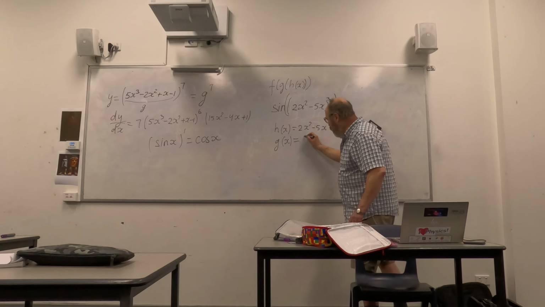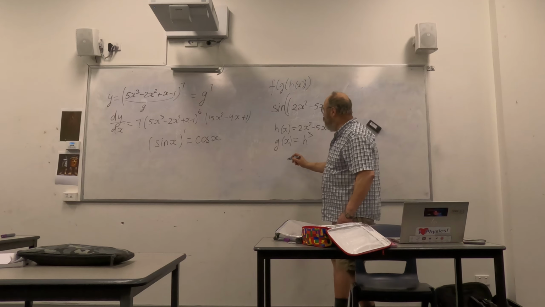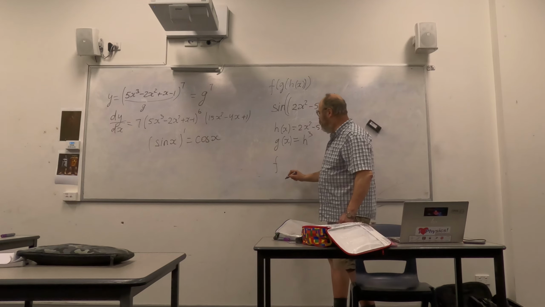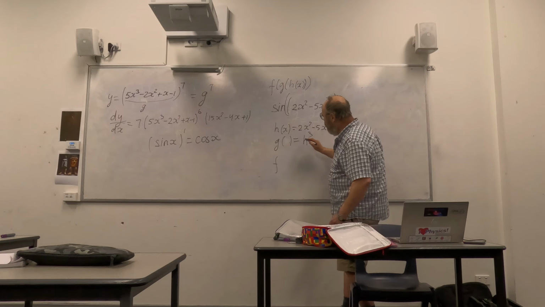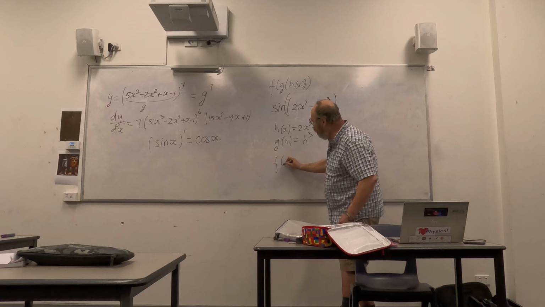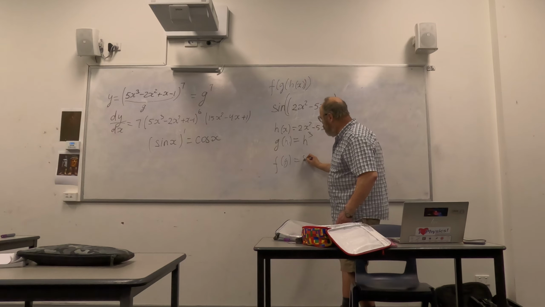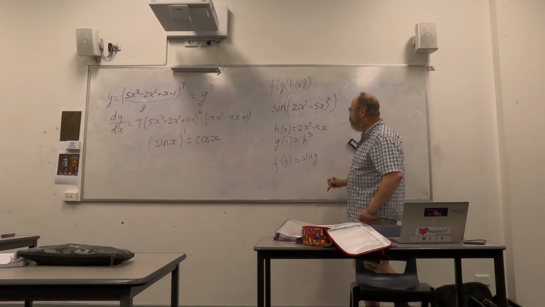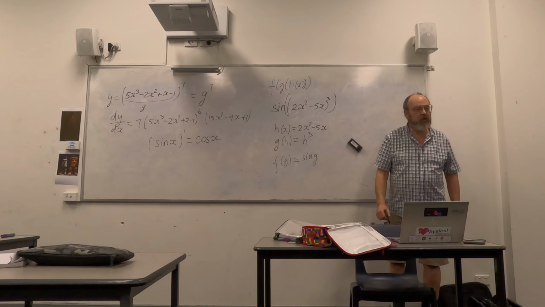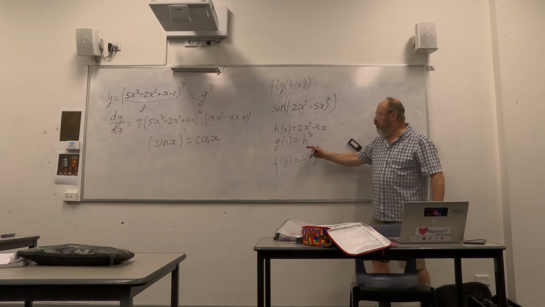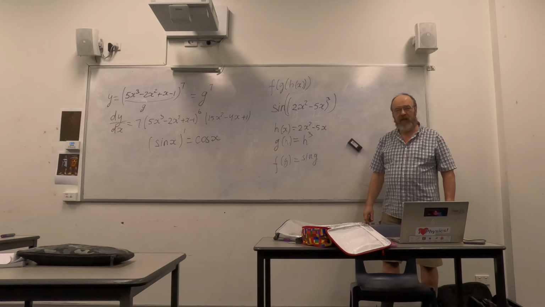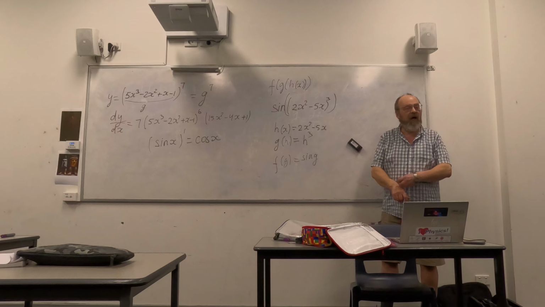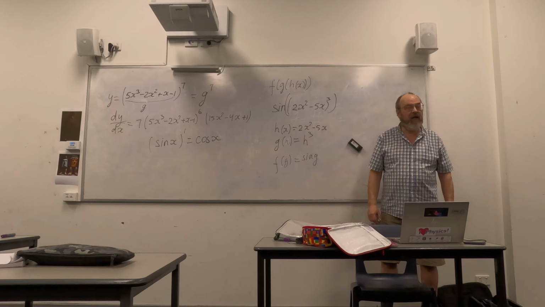g of h is h cubed. And what is f? f of g equal sine g. We have a function of a function of a function, and so we need to multiply all three derivatives.